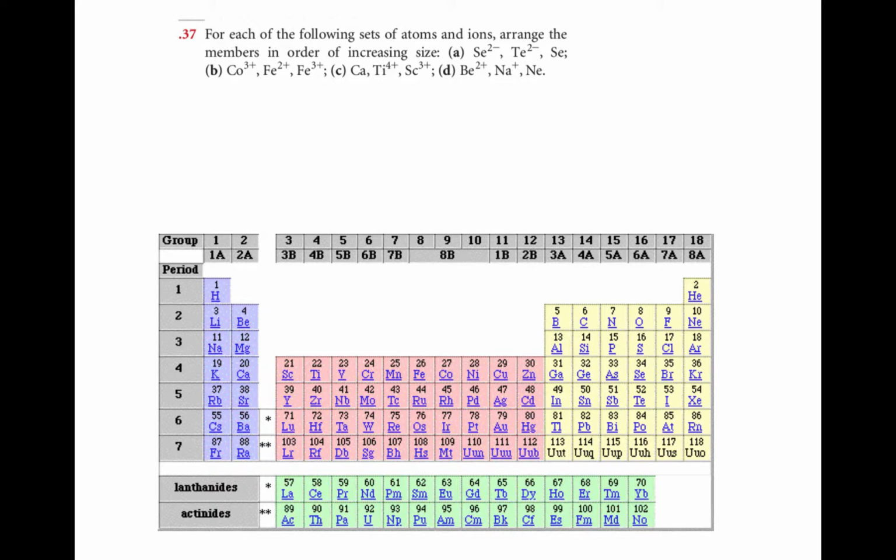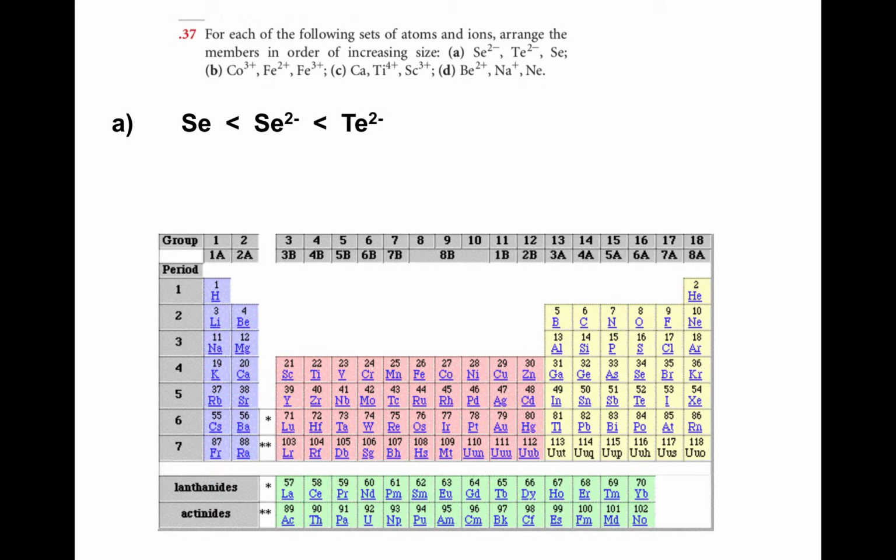For each of the following sets of atoms and ions, arrange the members in order of increasing size. All right, so selenium gaining 2 electrons. The anion would be bigger than the neutral atom. And tellurium 2 minus would be bigger than selenium 2 minus.